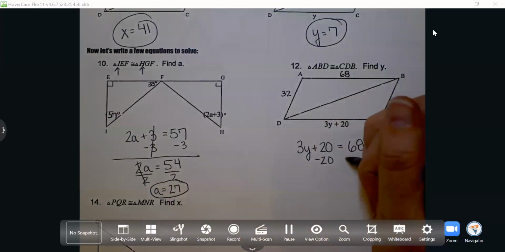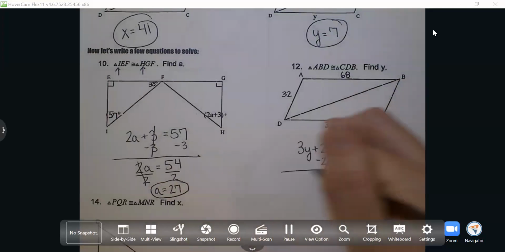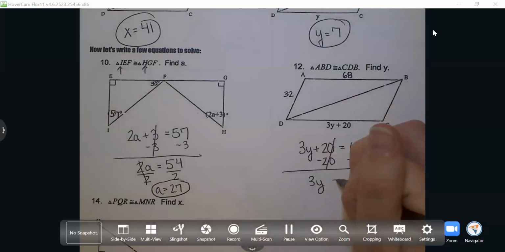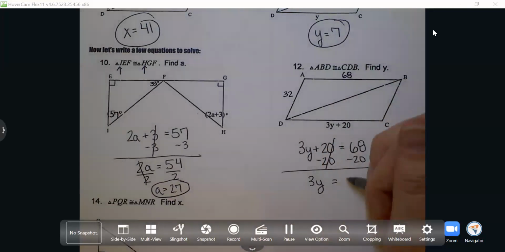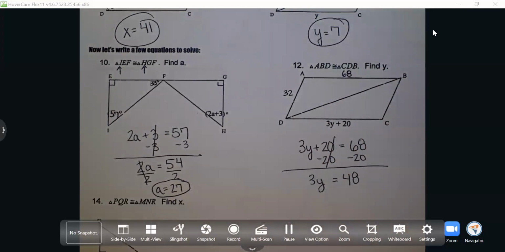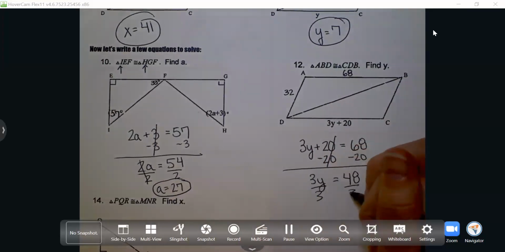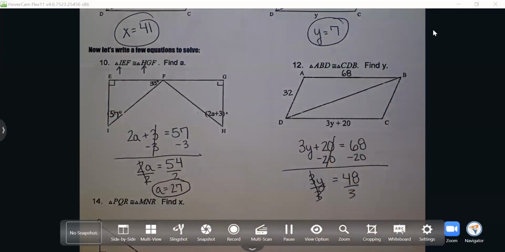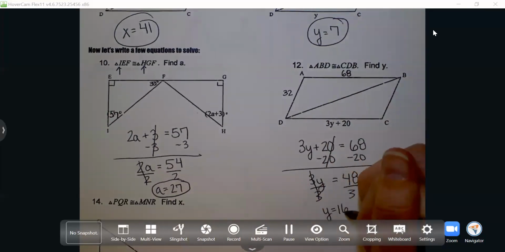So I'll subtract 20. And I'll divide by 3. Which gives me 16.